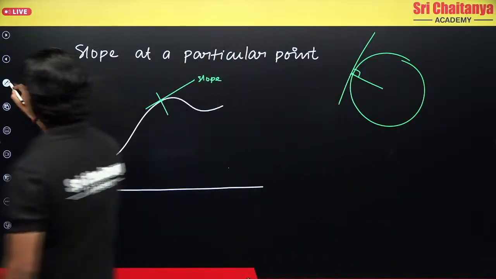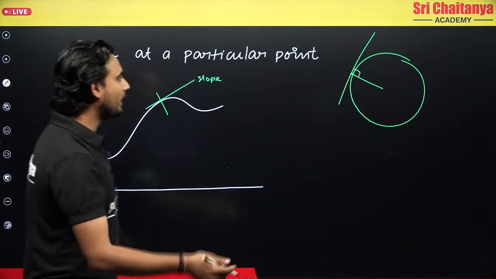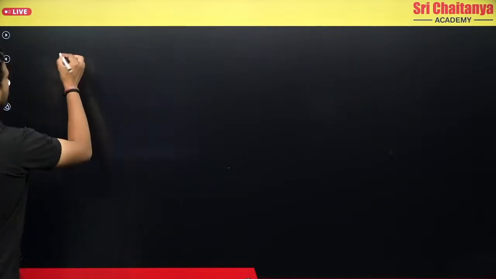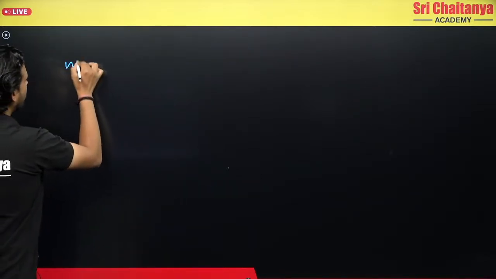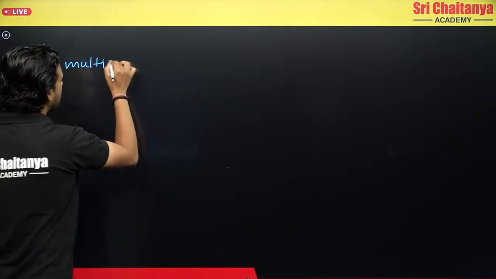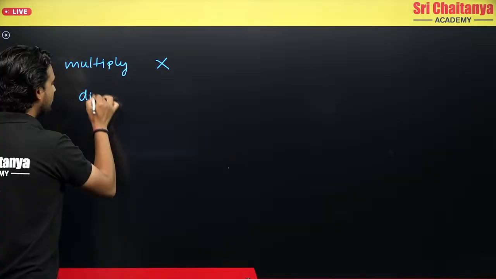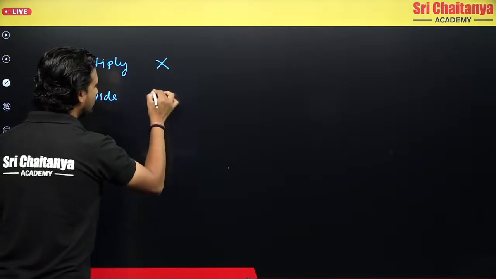So what is differentiation first of all? This is what we are talking about, and how do you write differentiation? We know that if I want to multiply, I will use this. If I want to divide, I will say this.